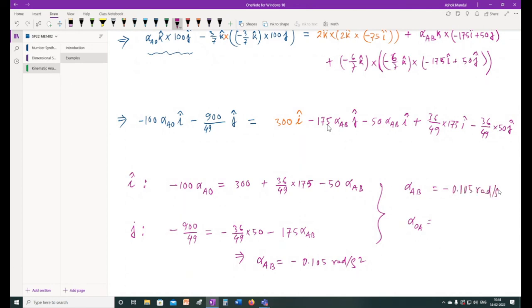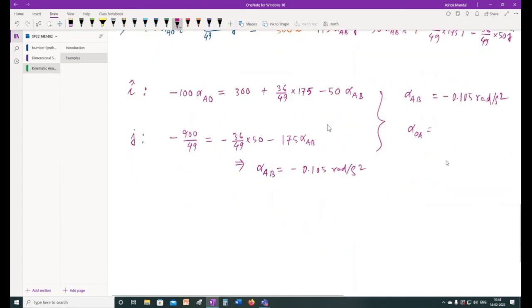And what is the next one? Alpha OA. Sir, alpha AB equal to 0.105 minus 0.10.